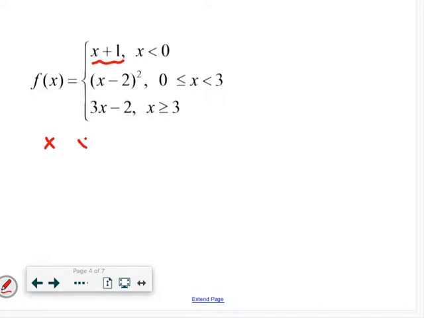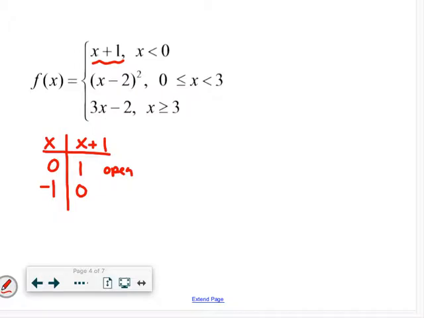Okay? Make a table. If it's a line, you really only need 2 points. So look at your interval, x is less than 0. I'm going to include 0, but mark it as an open circle because it doesn't have or equals to, and then any number that's less than 0. -1.